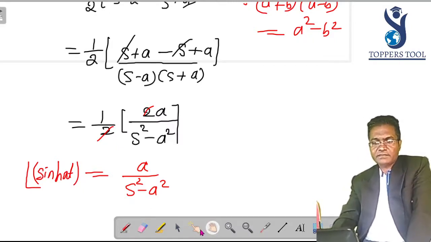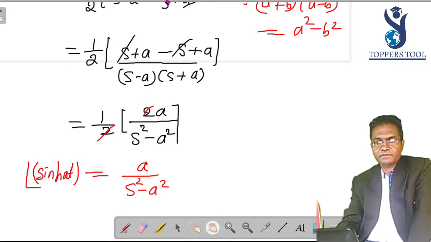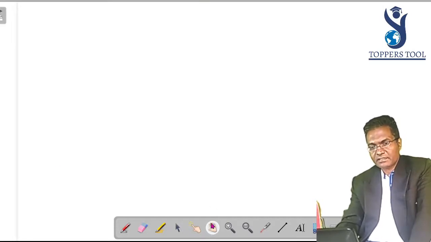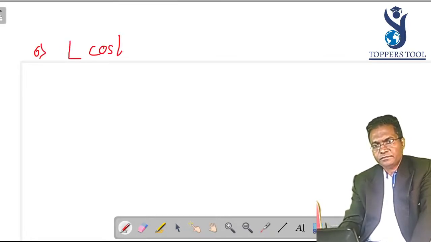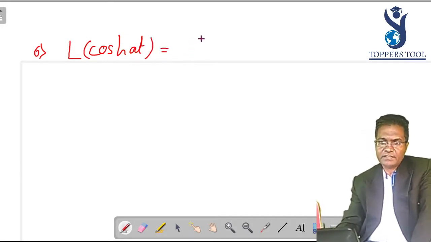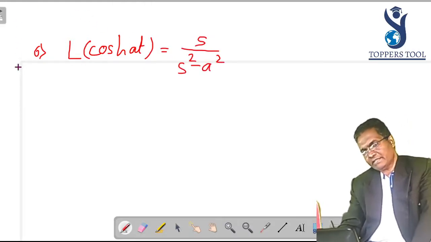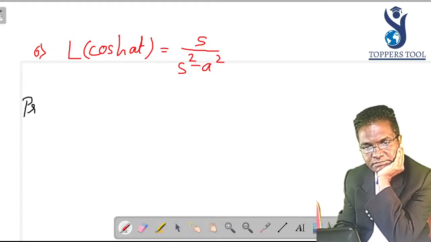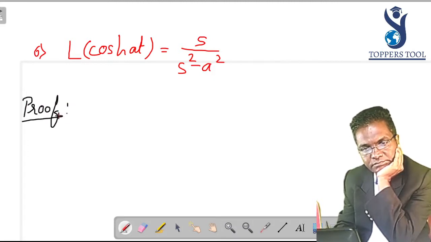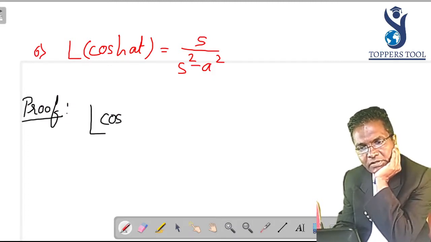So similarly, we will have cos hyperbolic. L of cos hyperbolic at is s by s square minus a square. Okay. Let's prove this. So L of cos hyperbolic at.